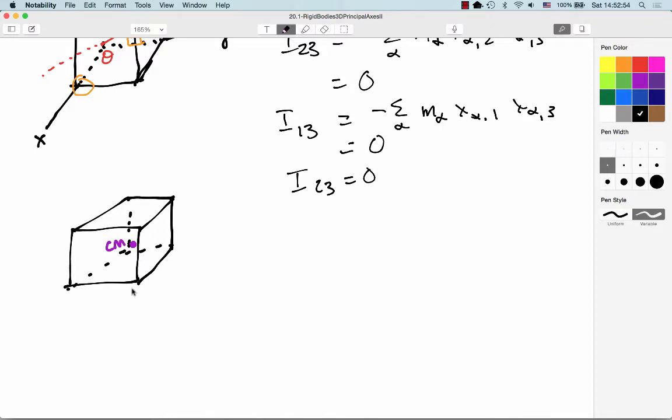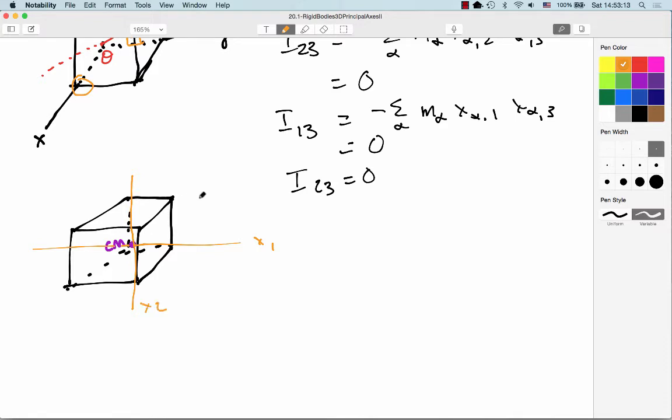And if we want to rotate about axes that are going through the center of mass, I think it's really clear that, say, this choice here for x1, this choice here for x2, and this choice here for x3 are going to be our winners.